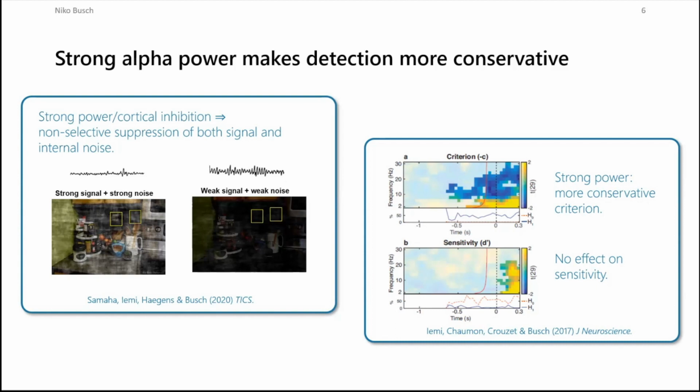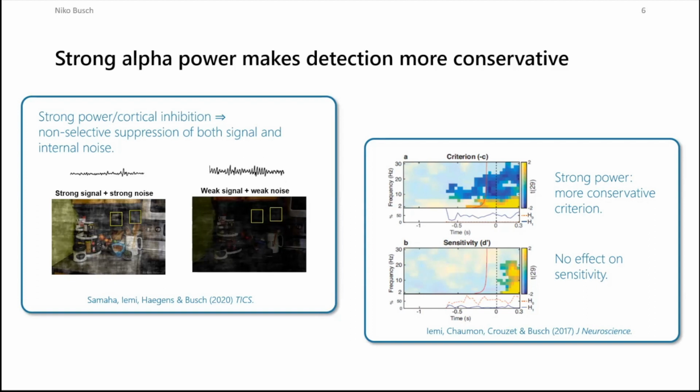And your task is to say, at this location, is there an object or not? So over here, for example, this would be a situation according to this model, what the image would look like to you if your alpha power was momentarily very strong. So there's a lot of suppression or not so much excitability.